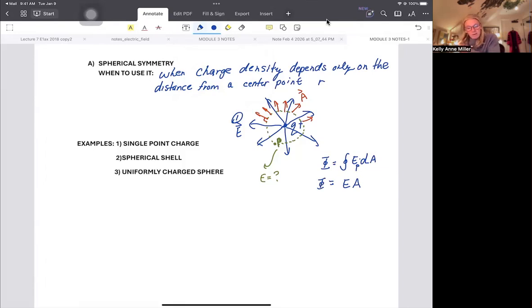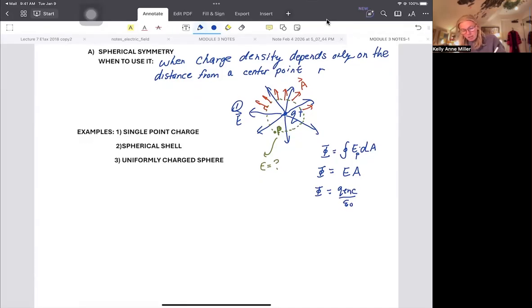So that's one definition of flux. My other definition of flux is it's the Q enclosed divided by epsilon naught. So I set these two expressions equal to each other: E times A equals Q enclosed divided by epsilon naught.